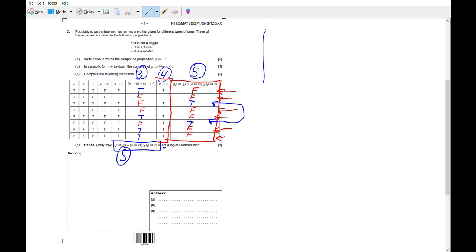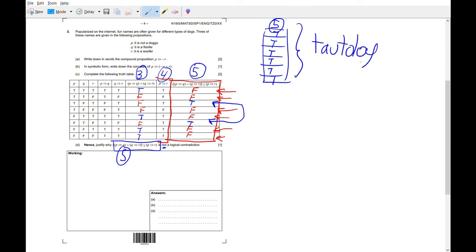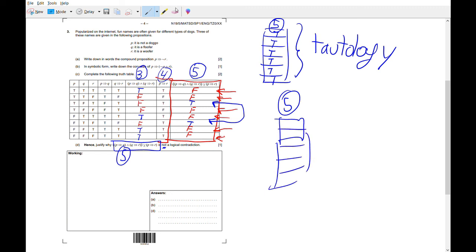Let's imagine a similar problem where all the values are true, okay? This is going to be called a tautology, okay? It's just a really fancy way to say it's true. If in a similar example, we have that all of them are actually false, we're going to end up with a contradiction, okay?